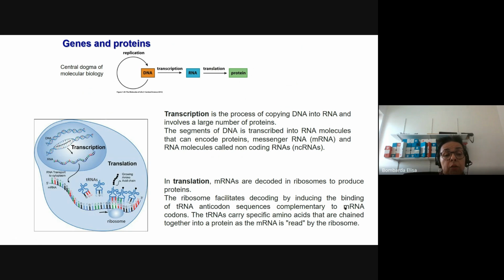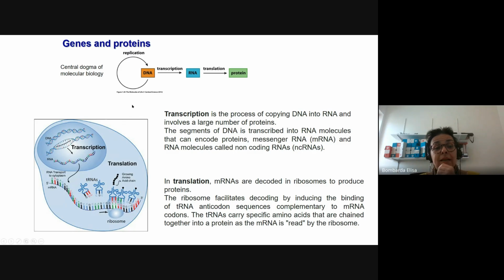Okay, and so to conclude, I was saying that these biopolymers are related, and so is the central dogma of molecular biology, that shows how we can synthesize a protein starting from the information provided by the DNA.